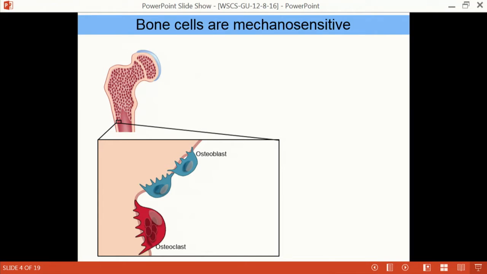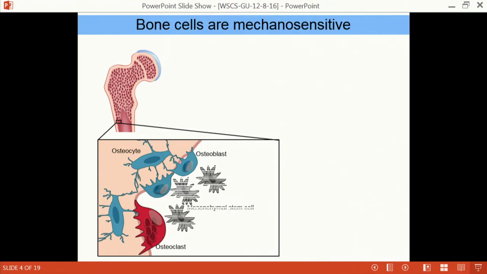We have osteoclasts, they resorb bone, and these two cell populations are connected to each other with a process called remodeling. And in 10 years from now, all the bones in your body are going to be remodeled by this process. We also have osteocytes. They are the osteoblasts that get trapped in the bone matrix. And again, we have the mesenchymal stem cells. These are the progenitor cells for bone, muscle, cartilage, and fat.